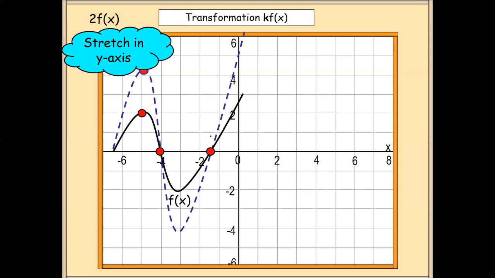So anything that is 0 will stay 0 because 2 times 0 is still 0. But if you had 2 here, the 2 will become a 4. The -2 will become a -4. It's a bit more than -2. Here you've got 2.5, will become 5. So you can see what happened.